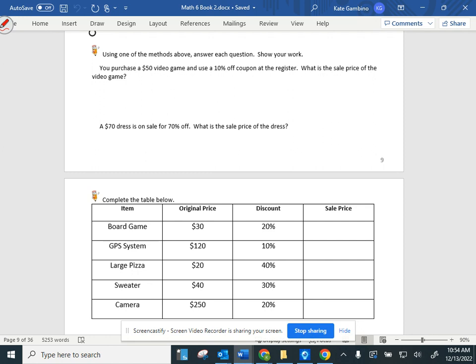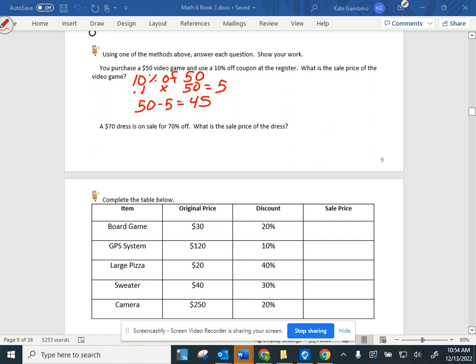So 10% of 50, and then 0.1 times 50 equals 5. So then 50 minus 5 is 45. Perfect. So Jillian said, well, 10% of 50, that's 0.1 times 50 equals 5, and I need to subtract the discount from that original amount. So you're going to pay $45 for that video game.